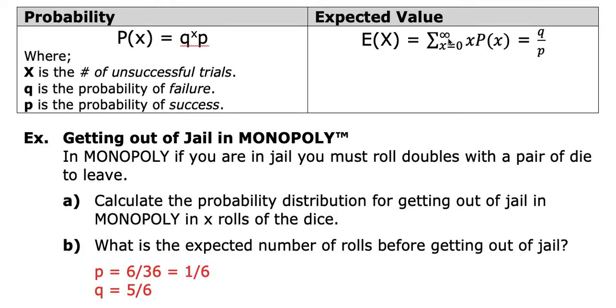But this would go all the way up to an infinite number of failures before the first successful trial. There's some challenging mathematics to prove that this formula, the sum of x times the probability of x, is equal to q over p, but we'll be including a bonus video in the content folder that explains how we go from this expression to q over p, a simple calculation for the expected value.